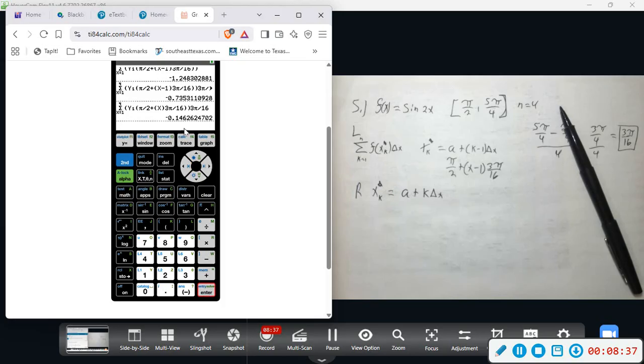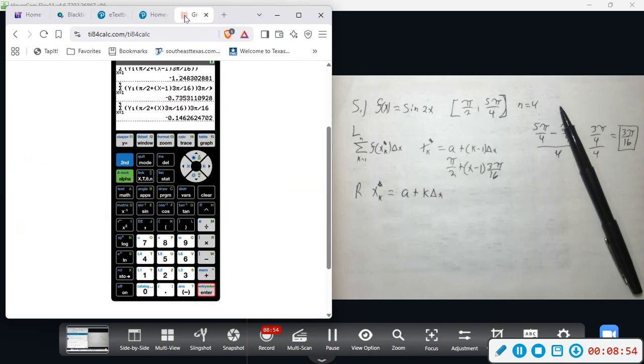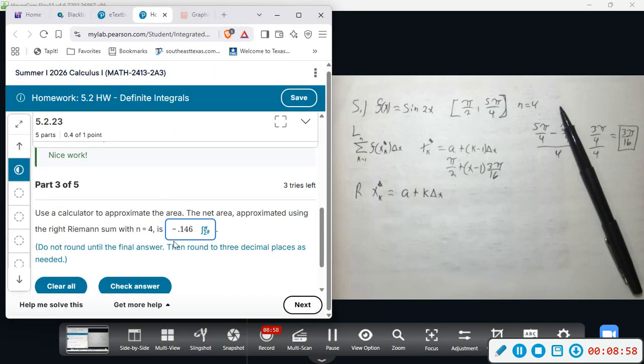All right, so the right Riemann sum is negative 0.146. Let me make sure I read that right. Negative 0.146. Okay.